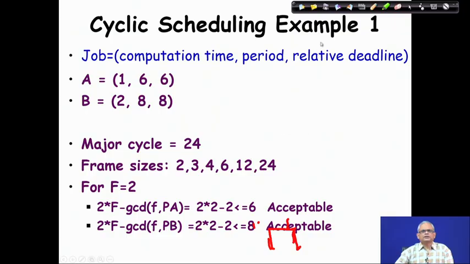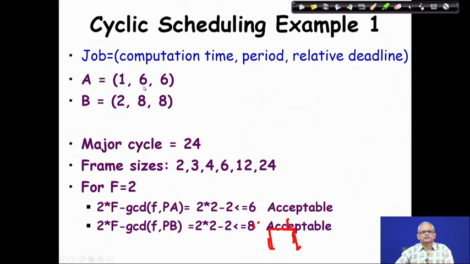The first example, we have 2 tasks A, B, and the first element here is the computation time. So, A takes 1 unit of computation, its period and deadline are the same. So, the deadline occurs exactly at the period.